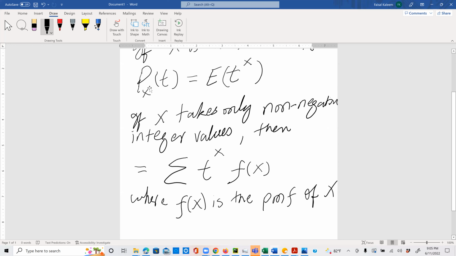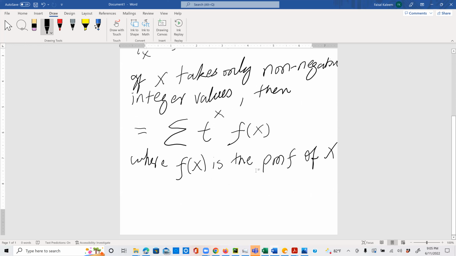The reason why this is called probability generating function is that we can see from here that it gives the coefficients. Let's expand this summation out to see what it looks like. The summation would be from x equal to 0 to infinity, since X takes non-negative integer values.